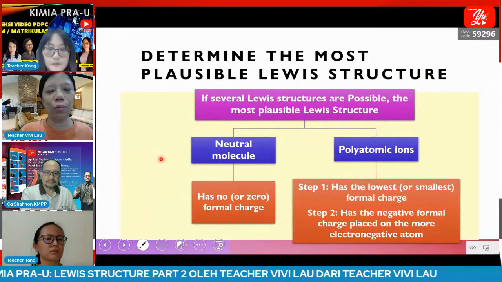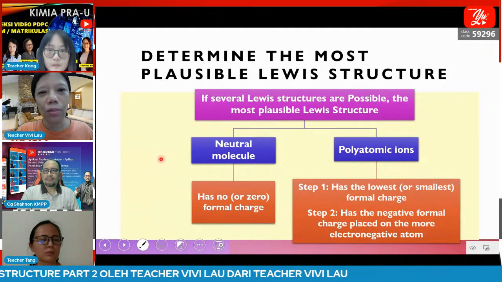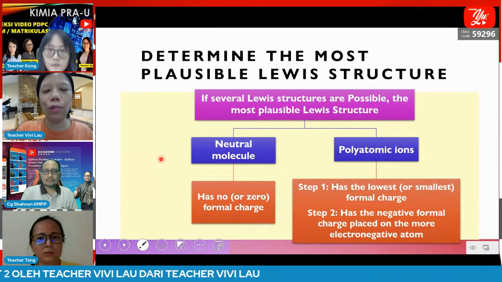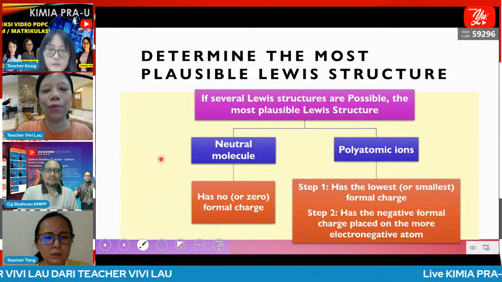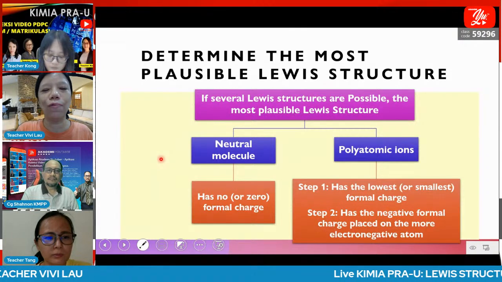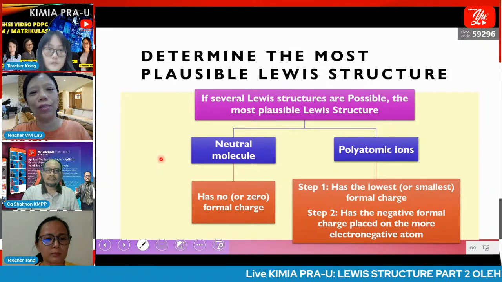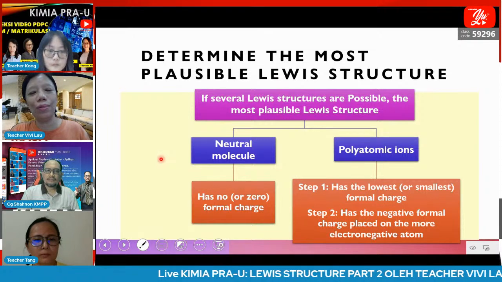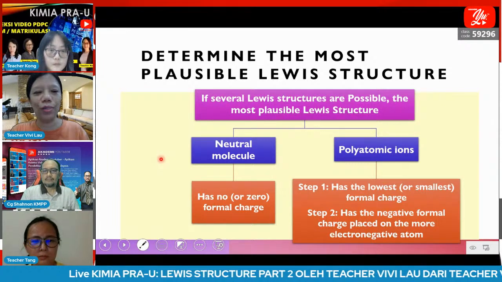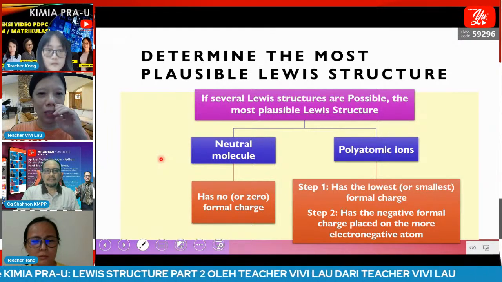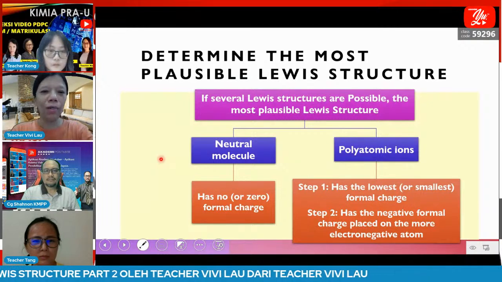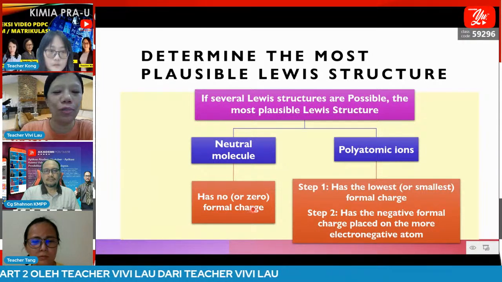Determine the most possible Lewis structures. Why do we have to calculate the formal charge? Because sometimes we have many possible Lewis structures. That's why we have to find the formal charge. So this one is the summary for just now. Neutral molecules should have 0 formal charge.